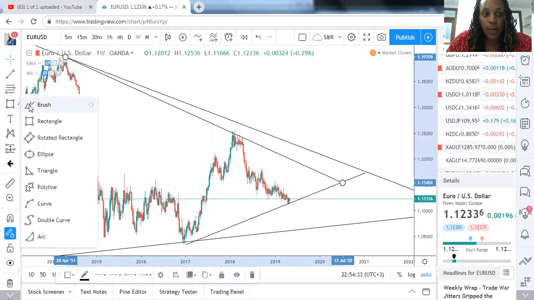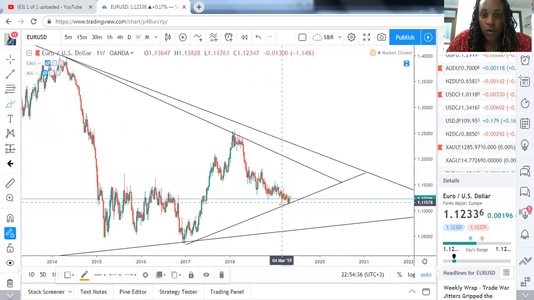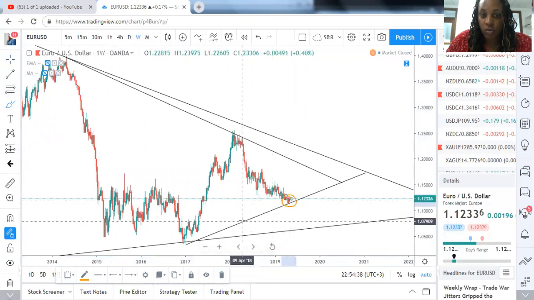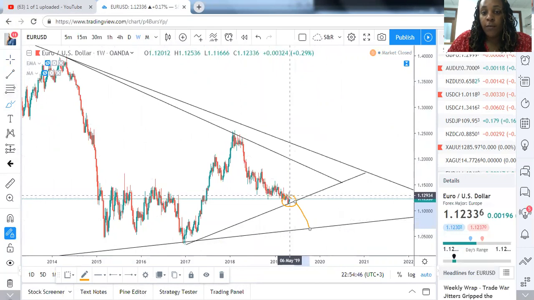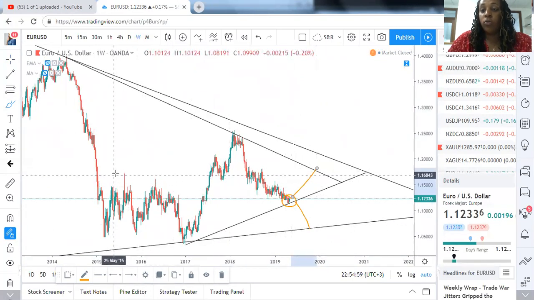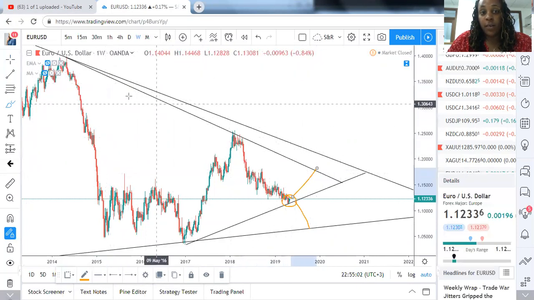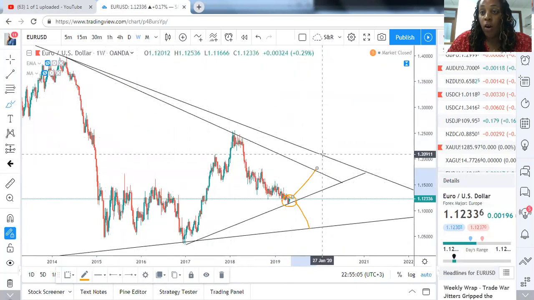You would either be looking for price to break your current trend line that you would have just drawn, so this trend line here, and come down to our monthly trend line, or you would be looking for price to bounce off of the trend line and actually come back up to either this inner trend line that we've identified or our overall monthly outer trend line. Right? So I hope that makes sense there.